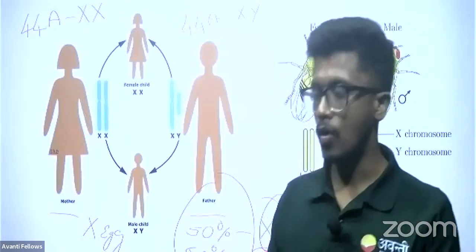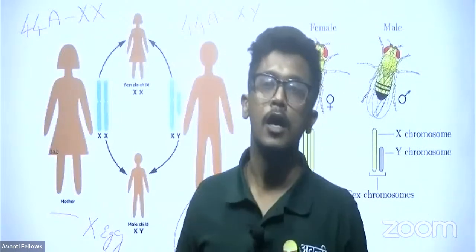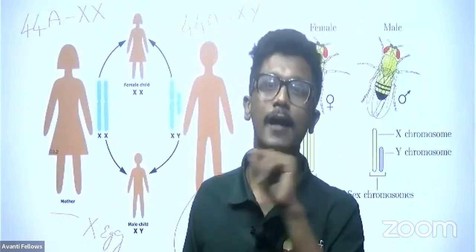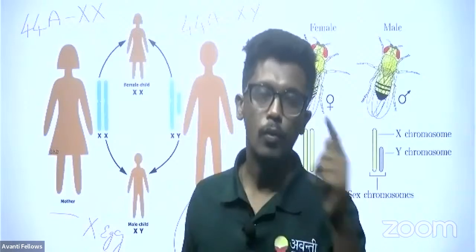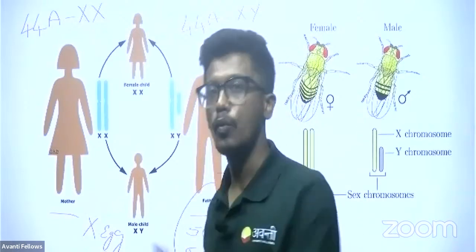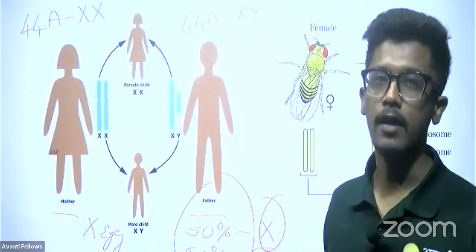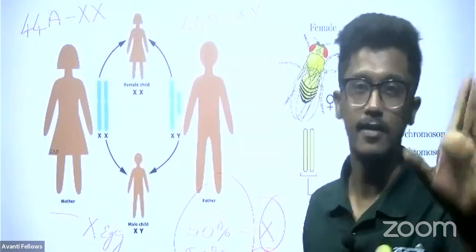So if they ask you what type of gamete sex determination is in human beings, in human beings we see that there is male heterogamety. That means a male produces two different types of sperms. One is X type of sperms, the other one is Y type of sperms. Whereas a female produces only one type of egg, having a uniform type of chromosome, that is X type of chromosome.